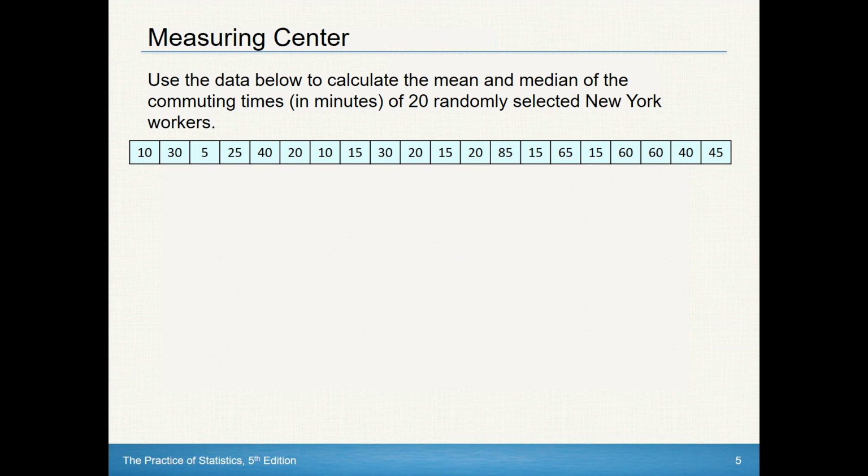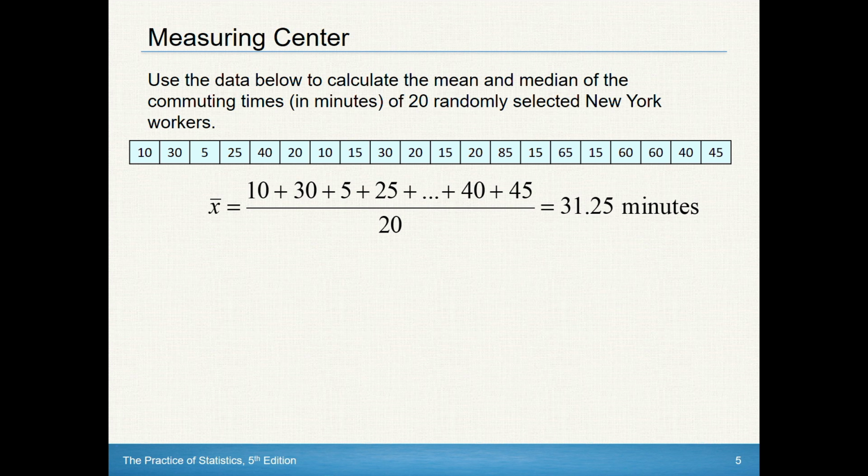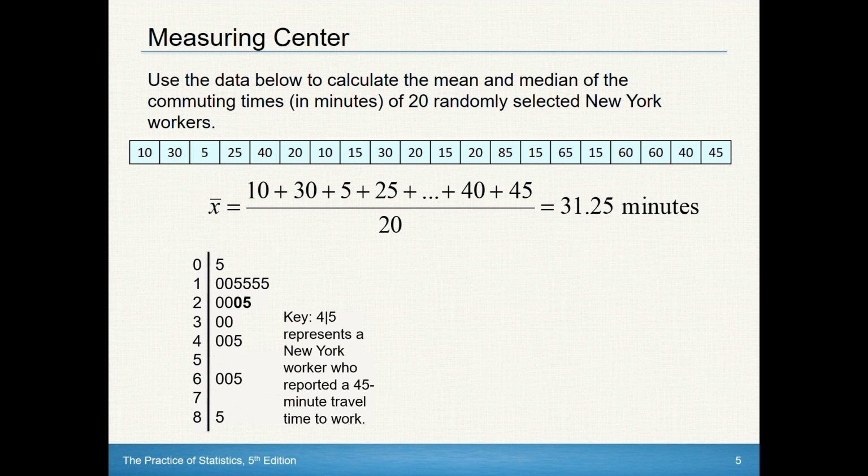If we look at this data here, which is 20 randomly selected New York workers and their commuting times, clearly the data is not in order to start, but we can find the mean just by adding them up and dividing by 20, which is the number of terms. If we wanted to find the median, we'd be better served by putting them in order, and we can make a stem plot here to help us out with that.